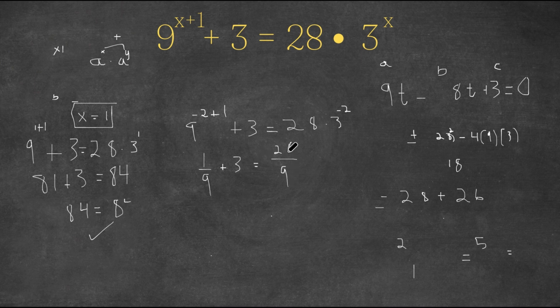Now, both of these are actually equal to each other. I'm not going to waste your time solving them, but these two are equal to each other. So this means that x also equals -2.